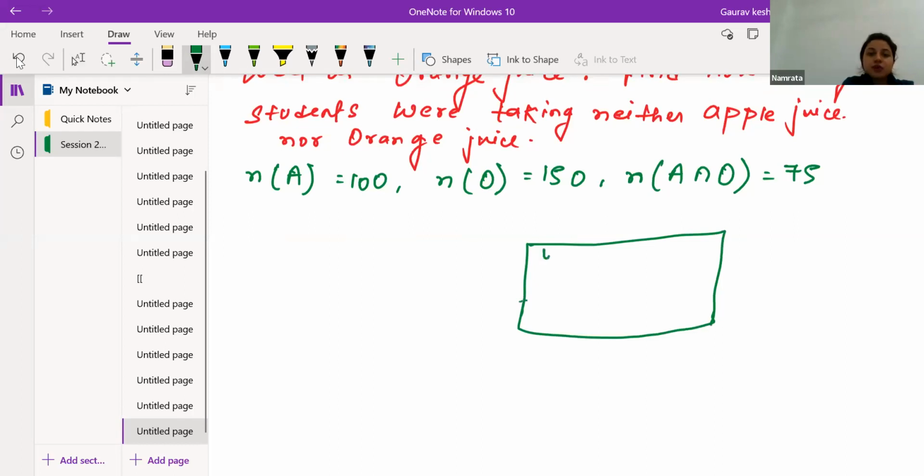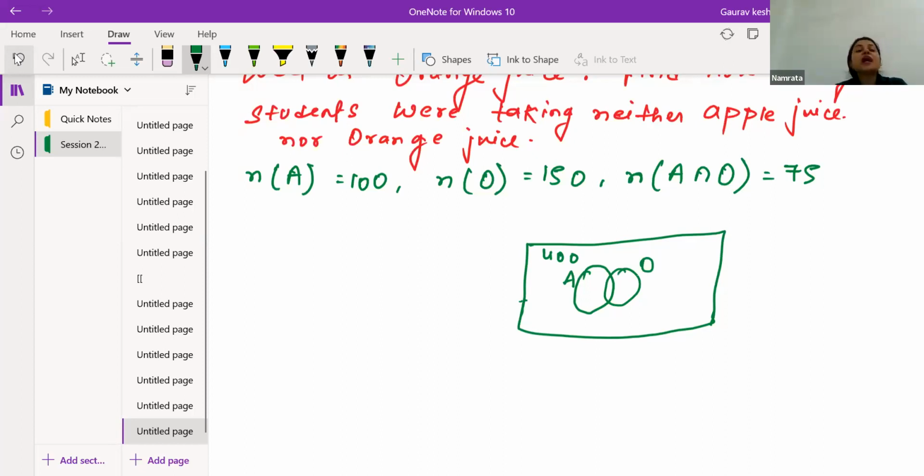Total 400 students are there on whom the survey is going on. Of these 400 students, few like apple juice, few like orange juice, and few are there who don't like any juice at all.